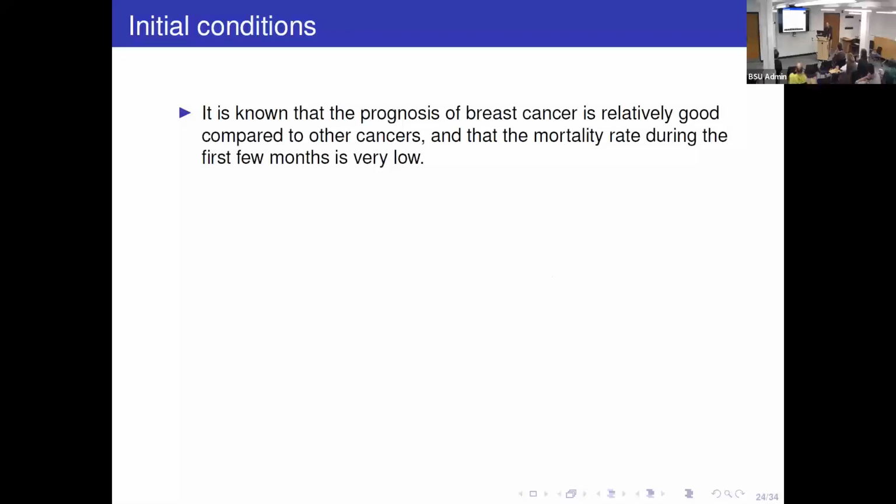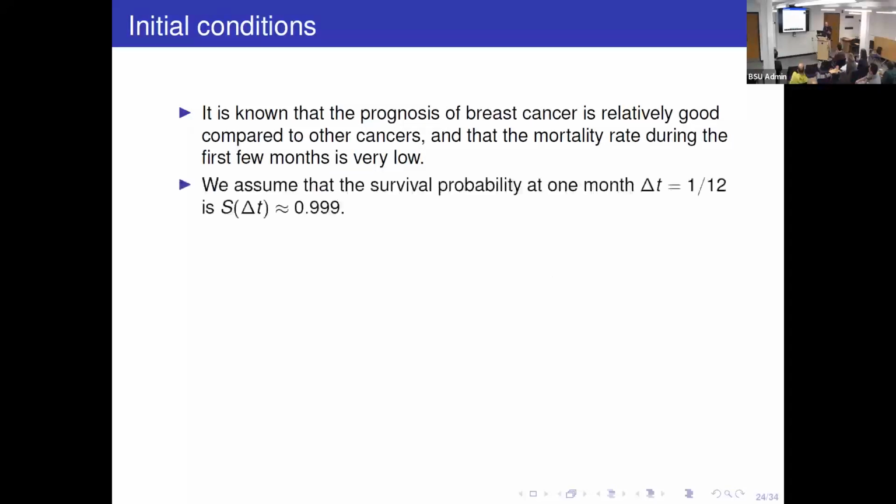To fix the initial conditions, we have used the fact that the prognosis of breast cancer patients is relatively good, at least compared to other cancer sites. So we expect that mortality will be low in the first couple of months.